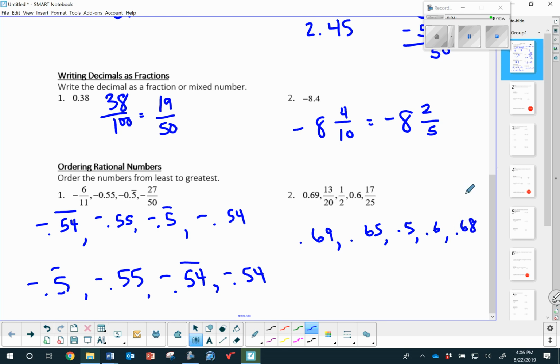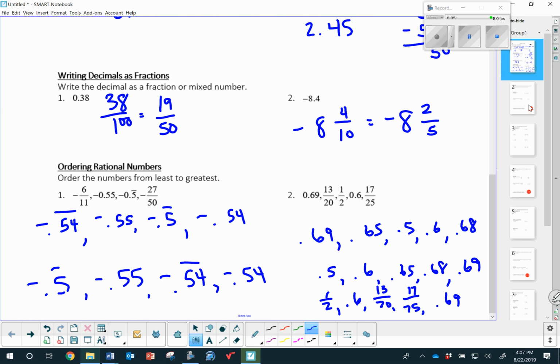Then I can put them in order. 0.5, 0.6, 0.65, 0.68, 0.69. But I want my answer to be in the original form, so that's going to be 1/2, 0.6, 13/20, 17/25, and 0.69.